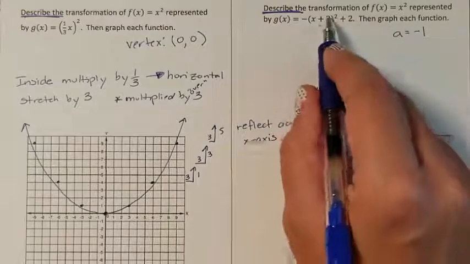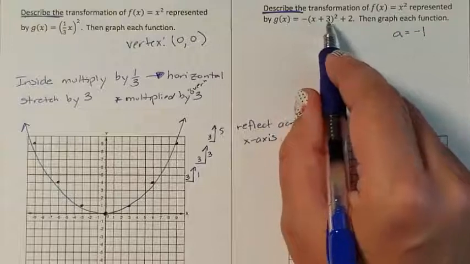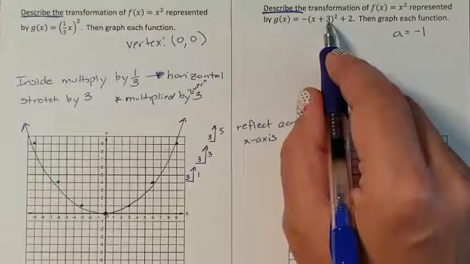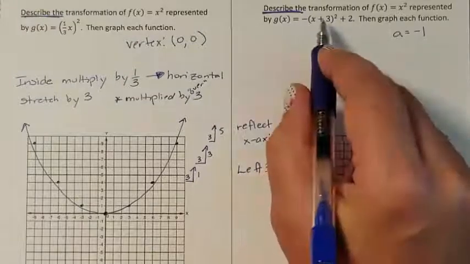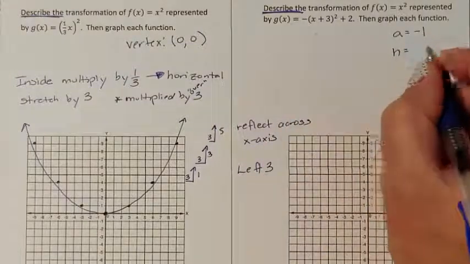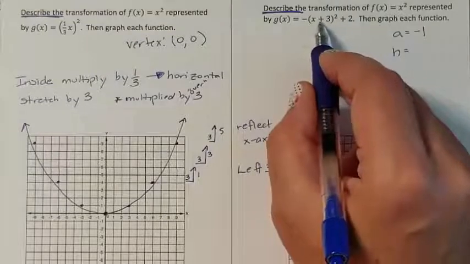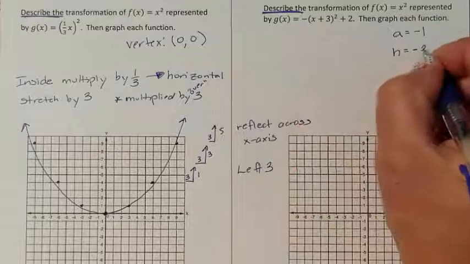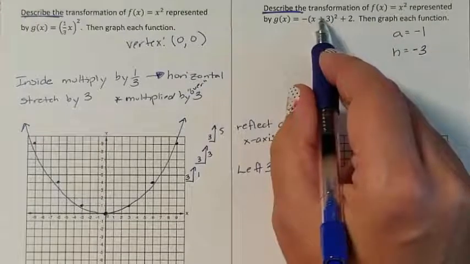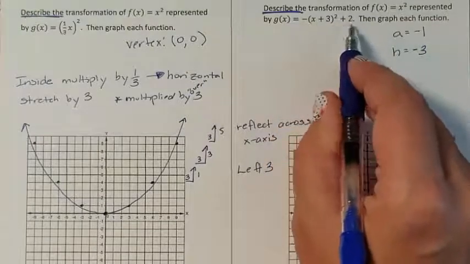On the inside, I saw that I had an added 3. If on the inside it's an add 3, I know that I'm going to the left 3. Well, the inside was also our H. It's not supposed to be a plus. It's supposed to be a minus for vertex form, which meant I had to be subtracting a negative 3 for it to actually be a plus. The outside added 2.